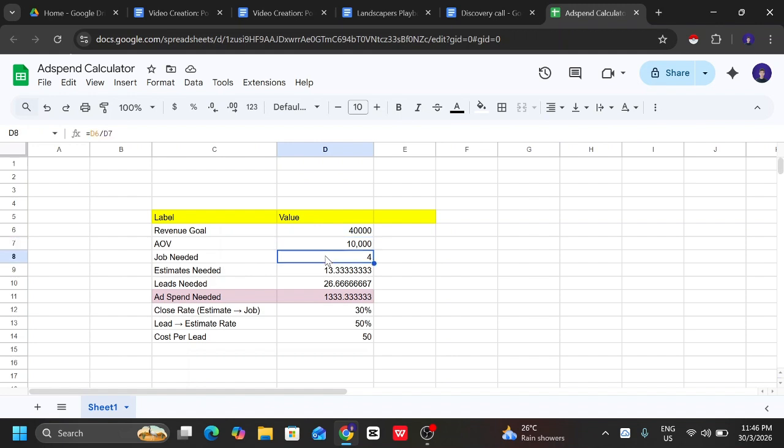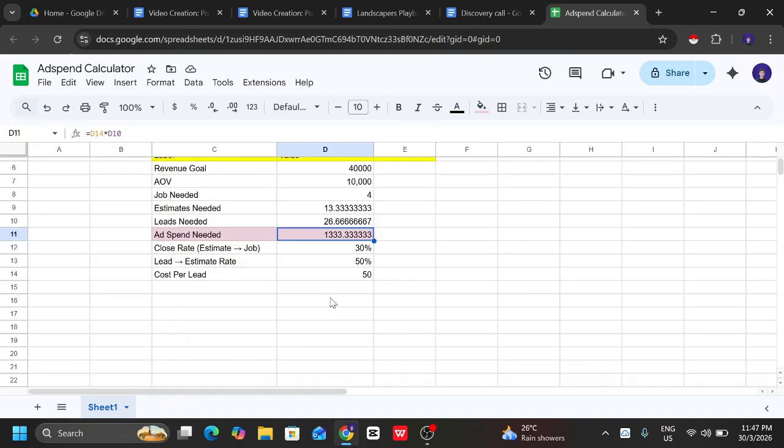So you need 4 jobs, and the estimate is you need 13 estimates, and from those estimates, you need 26 leads, and you need around $1,500.